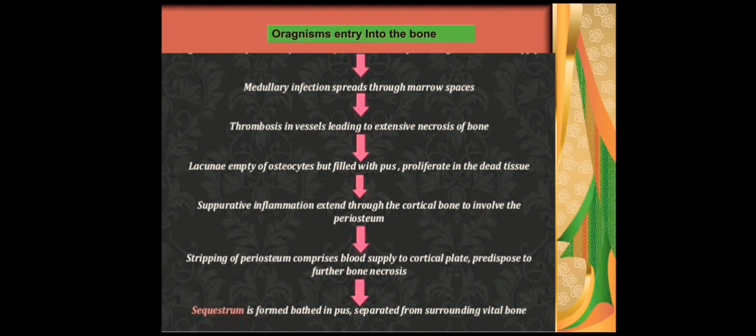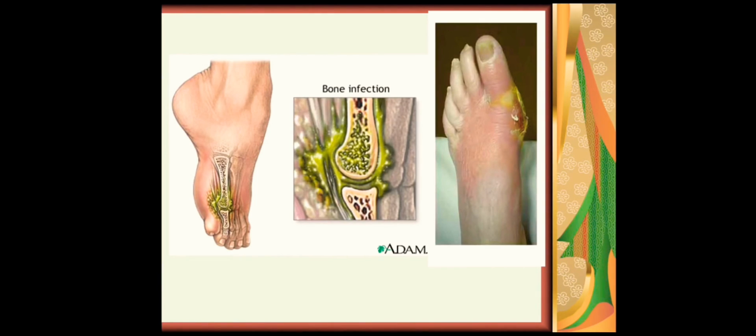That necrotic bone is called a sequestrum. Suppurative inflammation extends through the cortical bone to involve the periosteum. A sequestrum is nothing but necrotic bone surrounded by suppurative inflammation, and if that goes on to accumulate, it raises the periosteum, which is the outer lining of the bone.